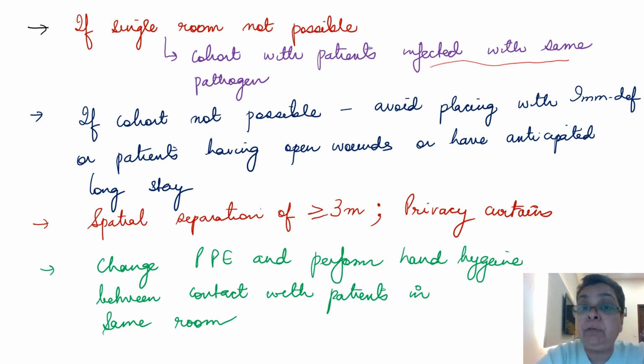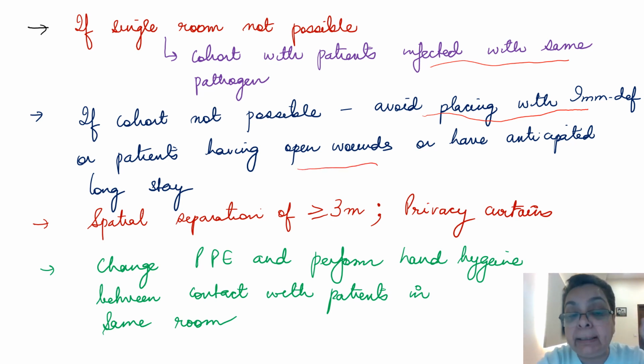If even this cohorting is not possible, we can put them with other patients, but we are going to avoid placing these patients with immunodeficient patients, patients with open wounds, or those with an anticipated long stay in hospitals. So you can put them with any kind of patient except for these patients.